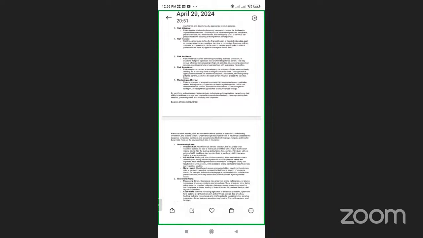Another source of risk is the processing error or the cyber risk. With the increasing digitization of insurance operations, cyber risk has become a significant concern.